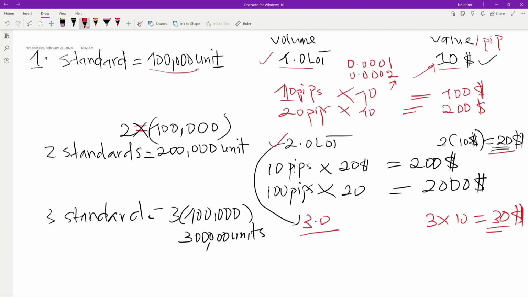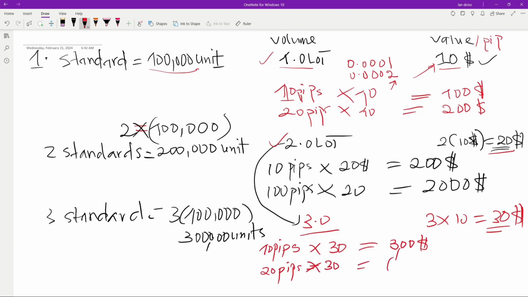So if the market moves by 10 pips, let's say you make 10 pips in the market, how much have you made? You are going to make 10 times the value per pip, which is $30. So you'll be making 10 times 30, which is $300, just like that. Now, if you make 20 pips with 3 standard lots, how much have you made? 20 times 30.